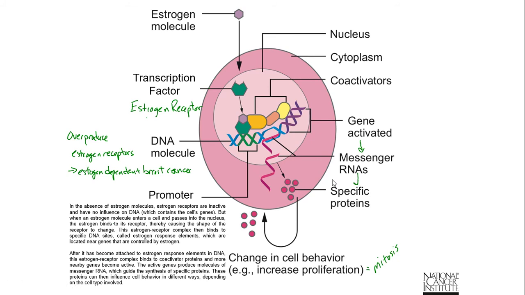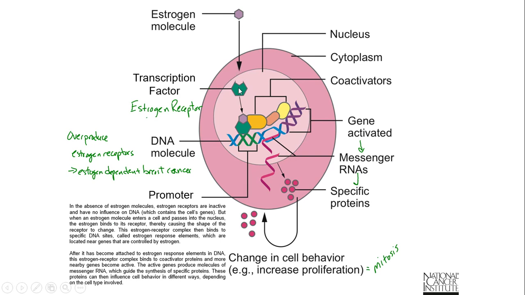Now we look at humans, and we'll take a look at this. This is an example in humans where we have gene regulation by hormones. And here's the estrogen molecule. Estrogen is a lipid hormone, just a steroid hormone, so it can pass right through the cell membrane, goes into the cytoplasm, and then it meets up with a transcription factor, which is the estrogen receptor.